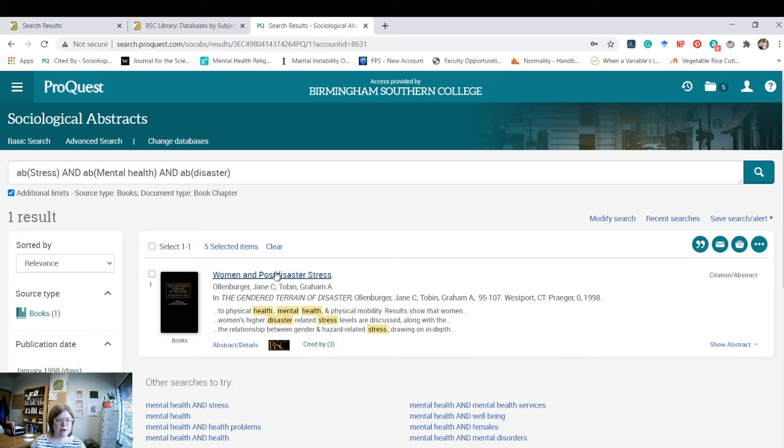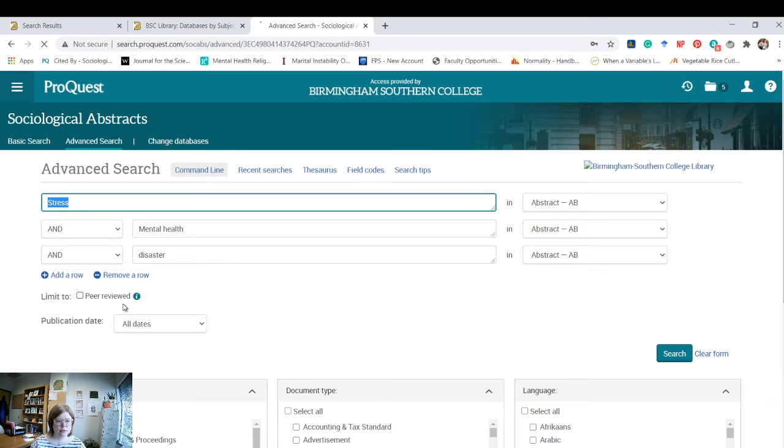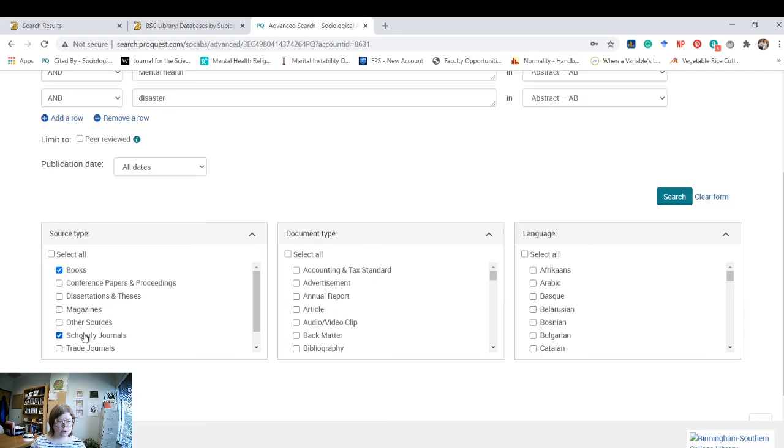So here I have one book on women and post-disaster stress. I had intended to include scholarly journals, but by selecting books, I found one book on my subject.